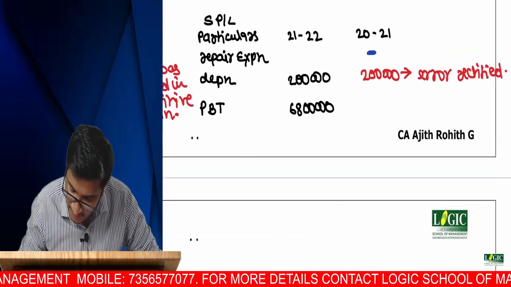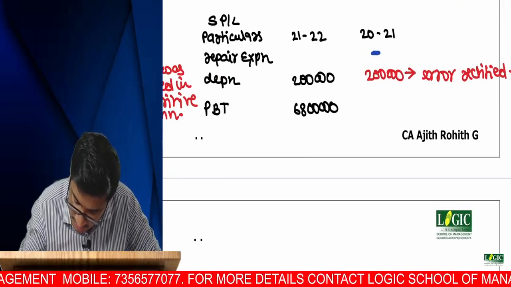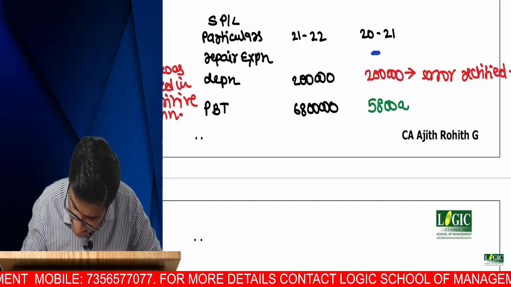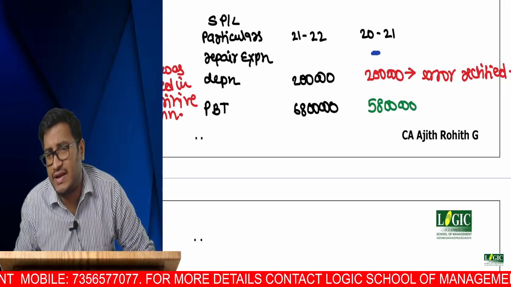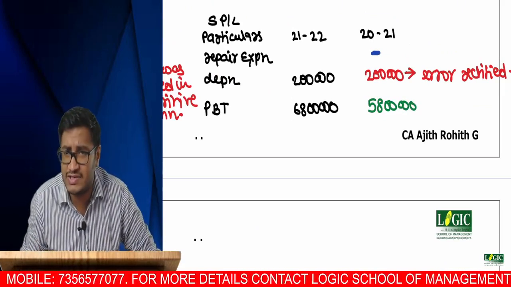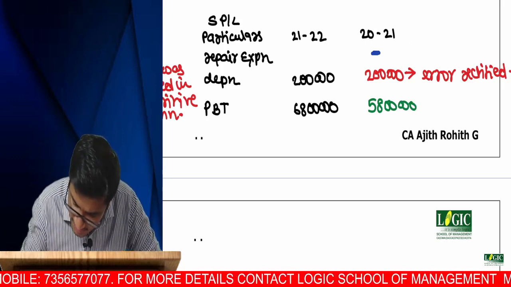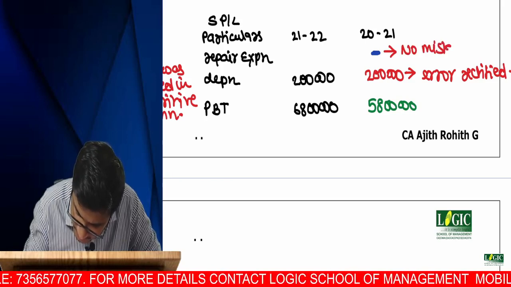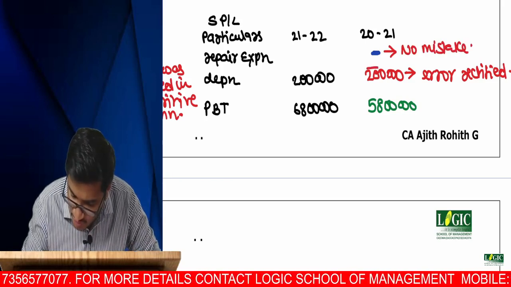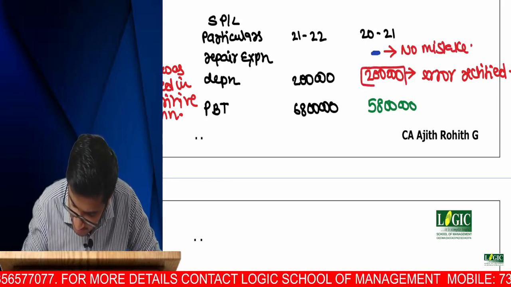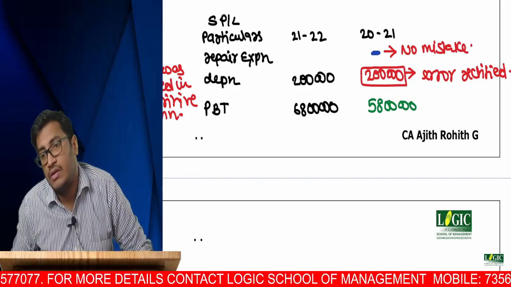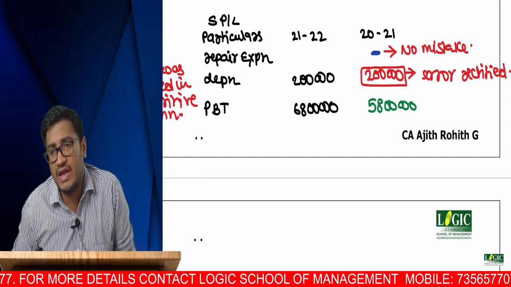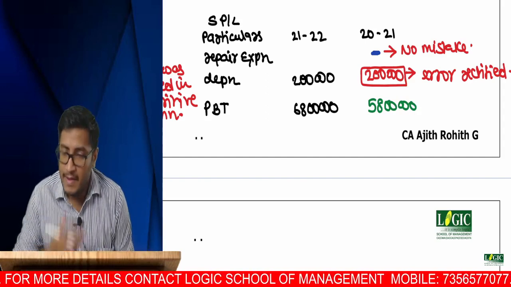The answer would be 58 lakh. What? Why? Because you need not reverse that expense. There is no 10 lakh rupees expense, so that reversal is not there. This rectification is not there. Here there is no rectification, no mistake. Only thing is that you have to show an additional depreciation of 2 lakh, isn't it? So last year profit, instead of 60 lakh, it becomes what? 58 lakh. But it is not over.